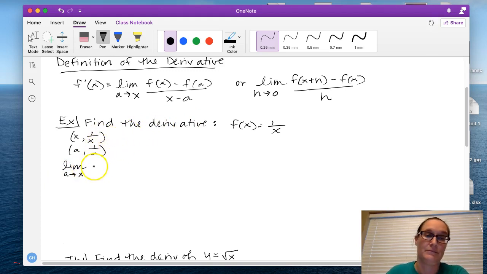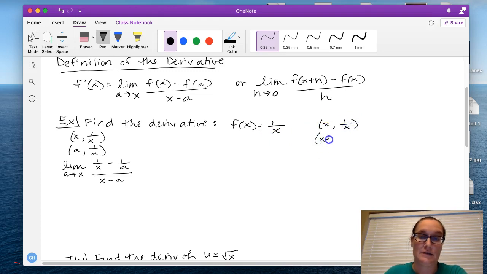Here are my 2 points. I'm going to set this up, y2 minus y1 all over x2 minus x1. If we were to do the h method, we do x comma 1 over x, because that's our function, and then x plus a little bit h, and then 1 over x plus h, we're going to replace this x with x plus h.